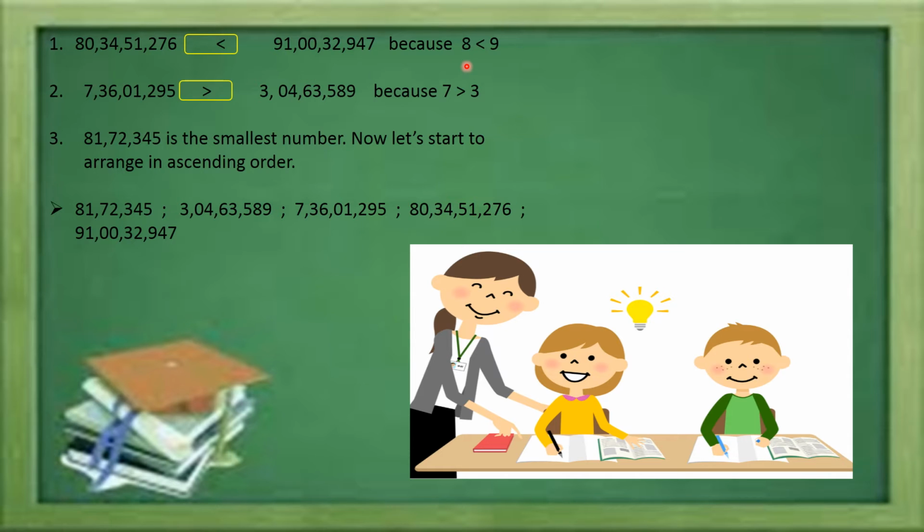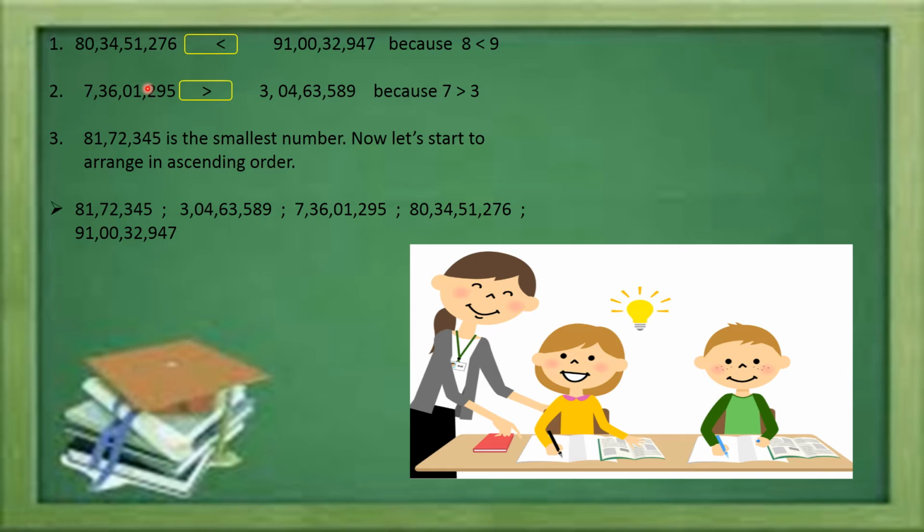So, we will compare these two digits. We know that 8 is obviously smaller than 9. So we will put the less than sign here. Now its first digit is smaller, so obviously that whole number is also smaller than the next one.